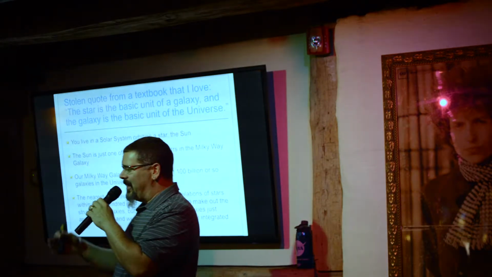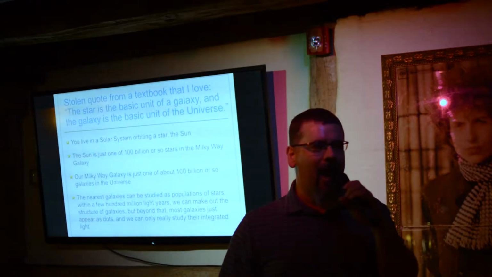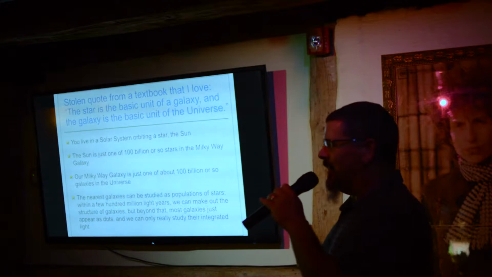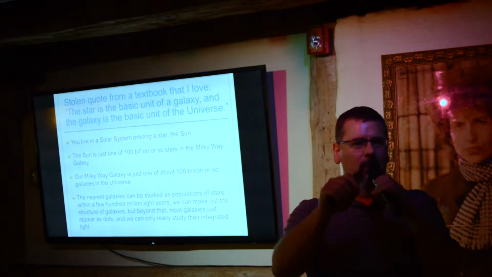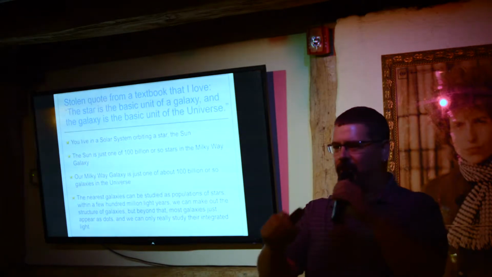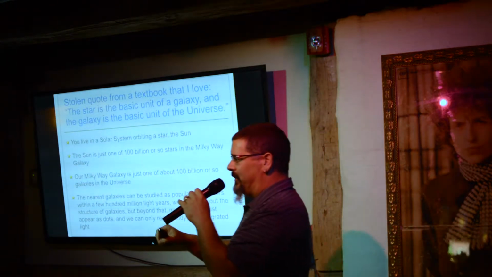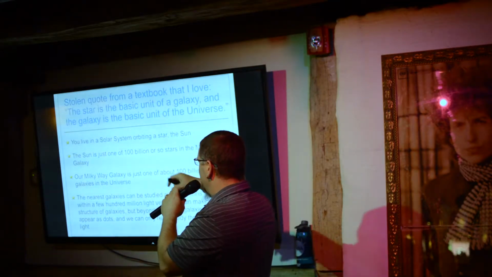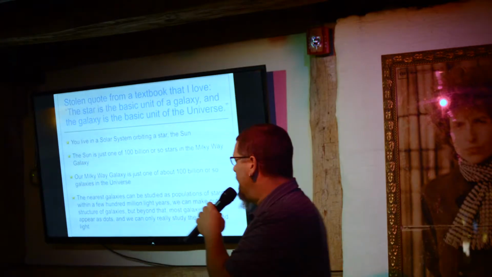So one of the things we found from years and years of working on Intro Astro and seeing 15 weeks later how much people remember, there's a lot of confusion about where you live. Like, what's the difference between the solar system and the Milky Way galaxy? So you do live in the solar system. You live on the Earth, and the Earth is orbiting a star, the sun.